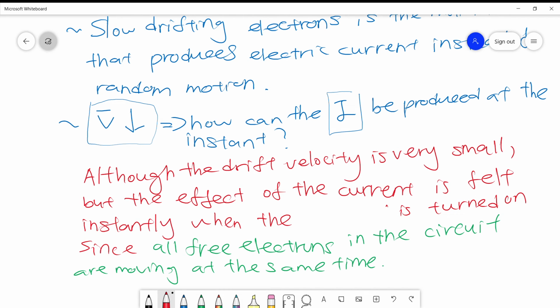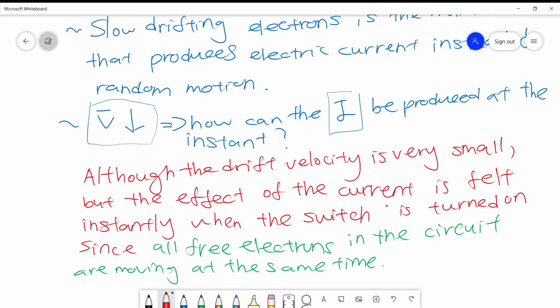When the switch is turned on, all the free electrons in the circuit are moving at the same time. Although the drift velocity is small, the free electrons are moving at the same time, so this will give us an instant electric current.